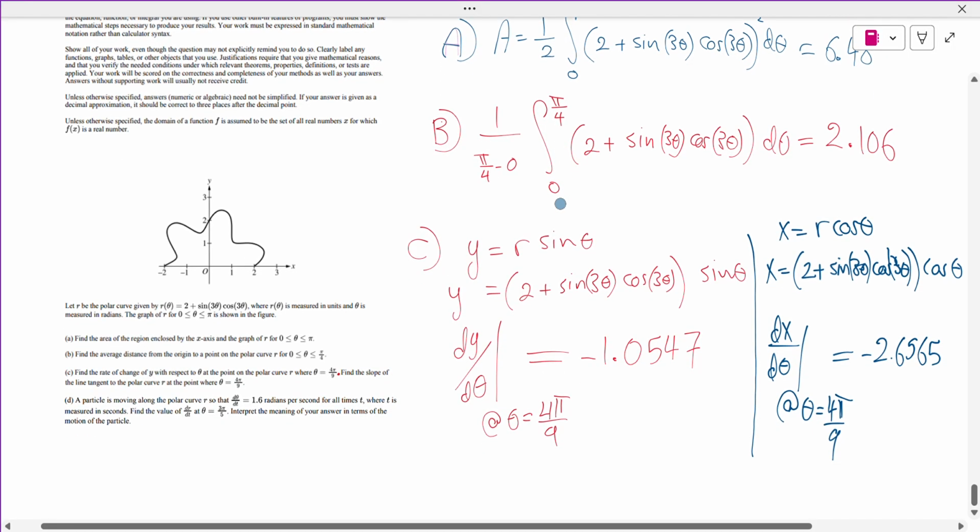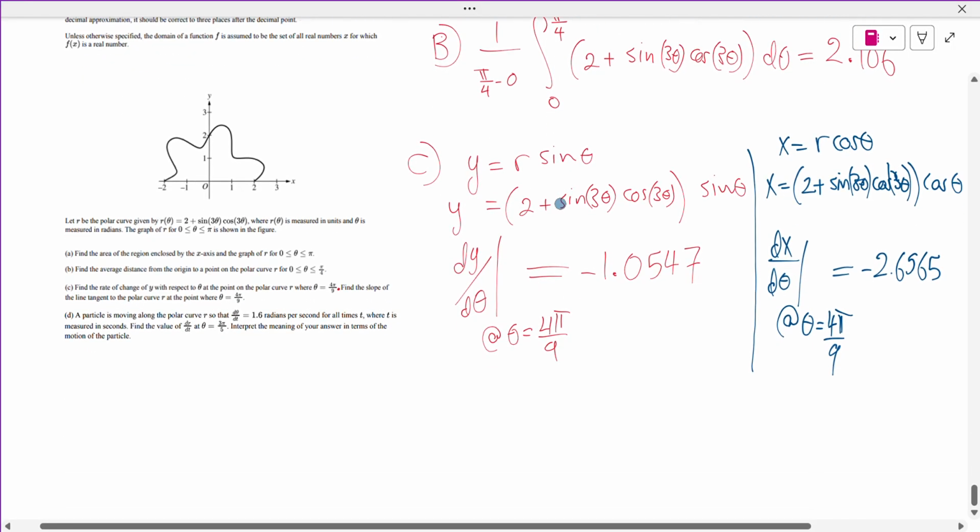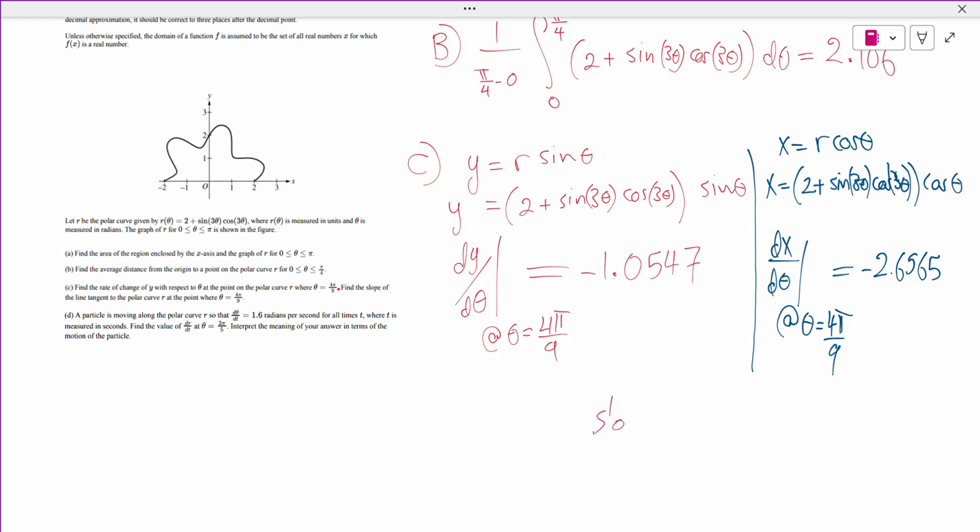The last step is finding the slope, and the slope is given by dy over dx, which is dy over d theta all over dx over d theta.